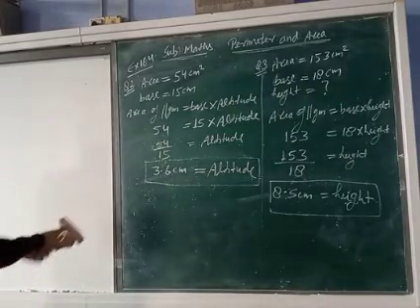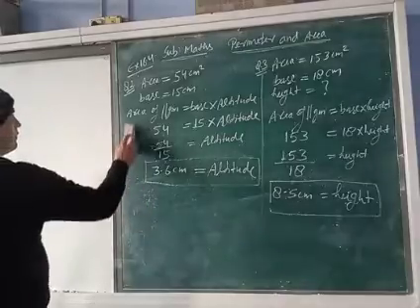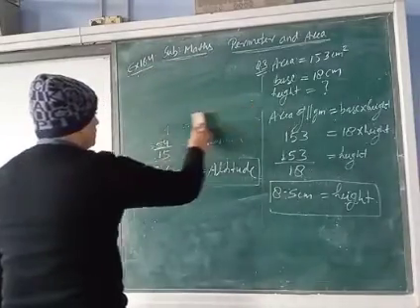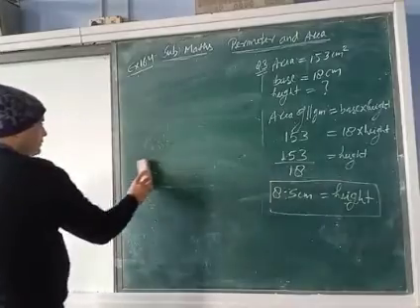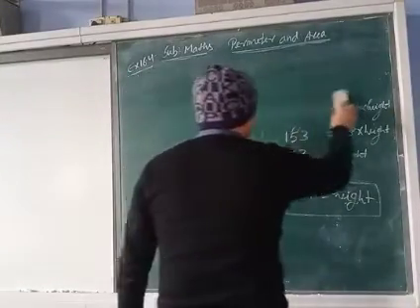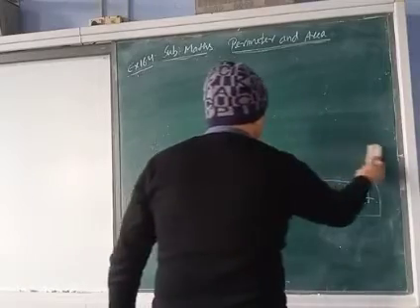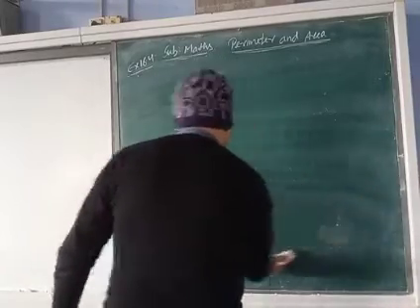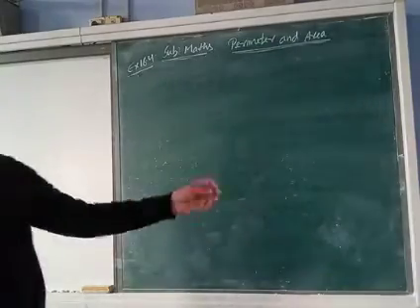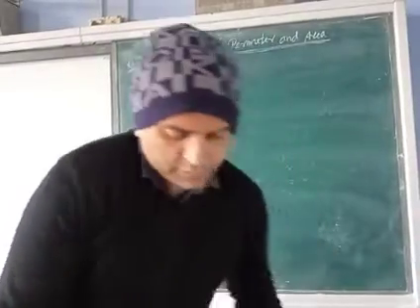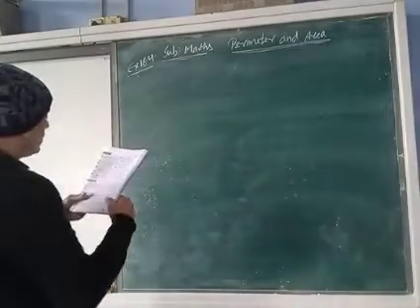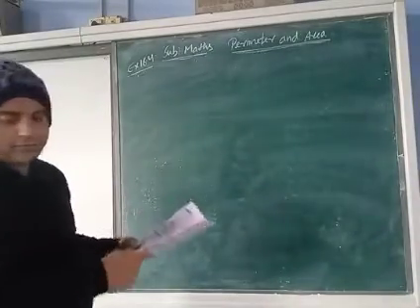Now next, question number 4. Next question number 4 is the altitude corresponding to the sides of a parallelogram.